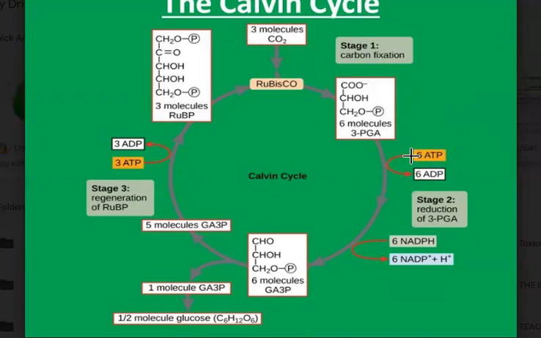Then you have the 6 ATPs, because you have 6 molecules here, you need 6 ATP to phosphorylate this. So the ATP becomes ADP, and then you have stage 2, the reduction, where you have NADPH being oxidized, right? So that's the process.